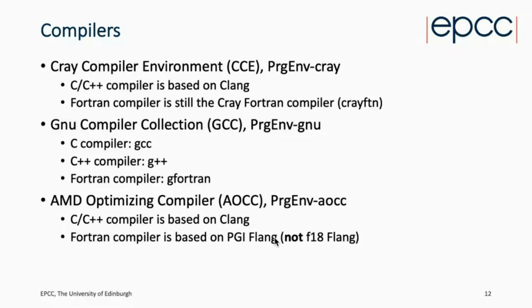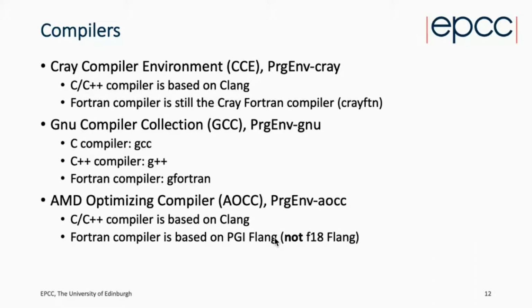It uses standard flags and compiles much more quickly than the old Cray C++ compiler, and it should be more standards compliant as well and keep up to date with newer standards faster than the original Cray version. The Fortran compiler in the Cray programming environment is still based on the proprietary Cray Fortran compiler.